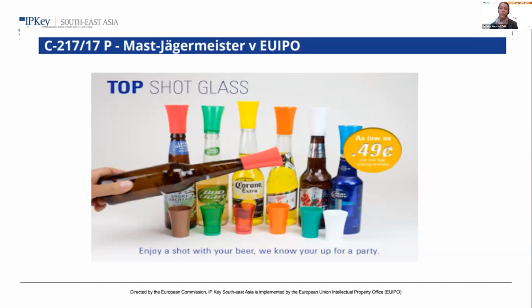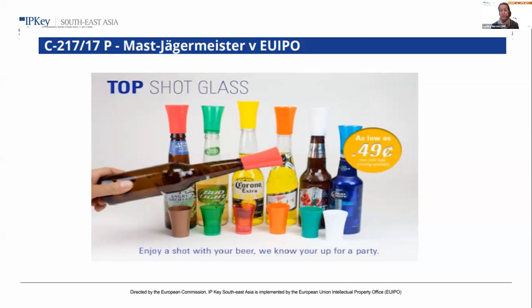And why is it important for an applicant to have a date of application? Because as long as you have a date of application, you can claim priority of your design, even if your design never gets to be registered. So here, we understand that he lost a lot of money, the applicant of those top shot glasses, to go up to the Court of Justice because he probably had a big interest in not losing his priority date.